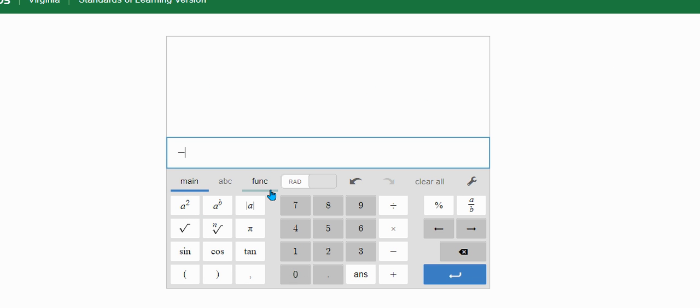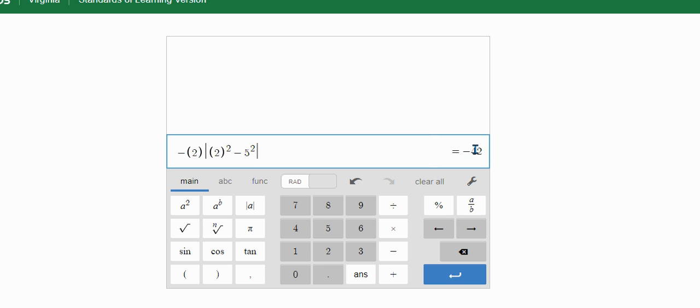So I have -2 times the absolute value of 2 squared minus 5 squared. Close my absolute value. And it gives me -42 as my final answer.